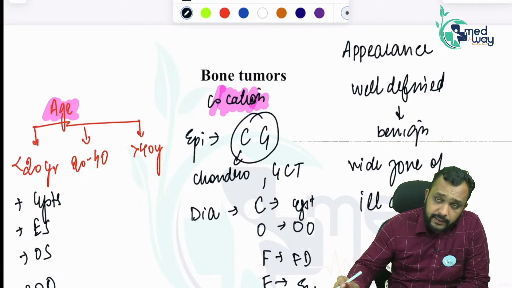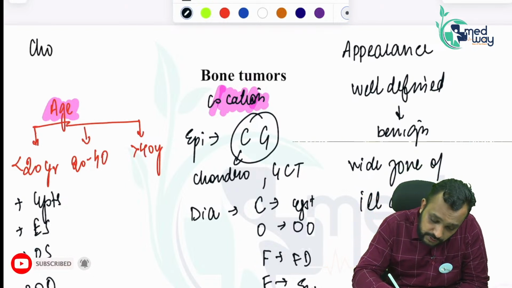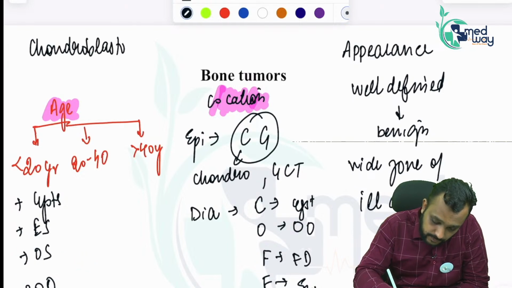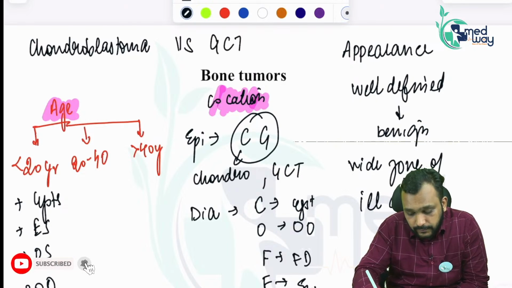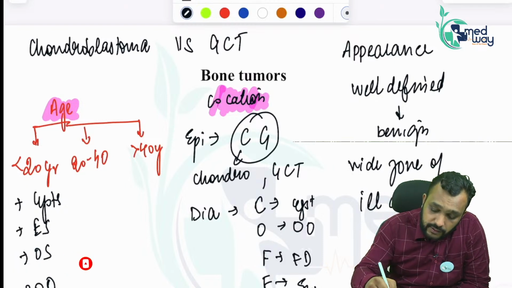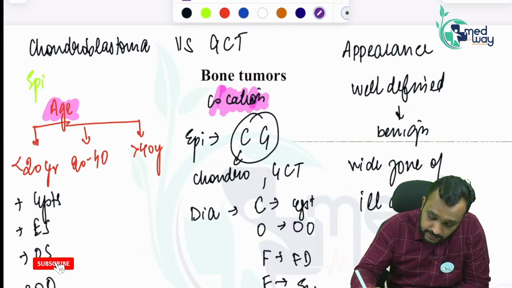okay. And the most important question, you should know how to differentiate between chondroblastoma versus giant cell tumor. So just remember that both these tumors are found in the epiphyseal location, right?